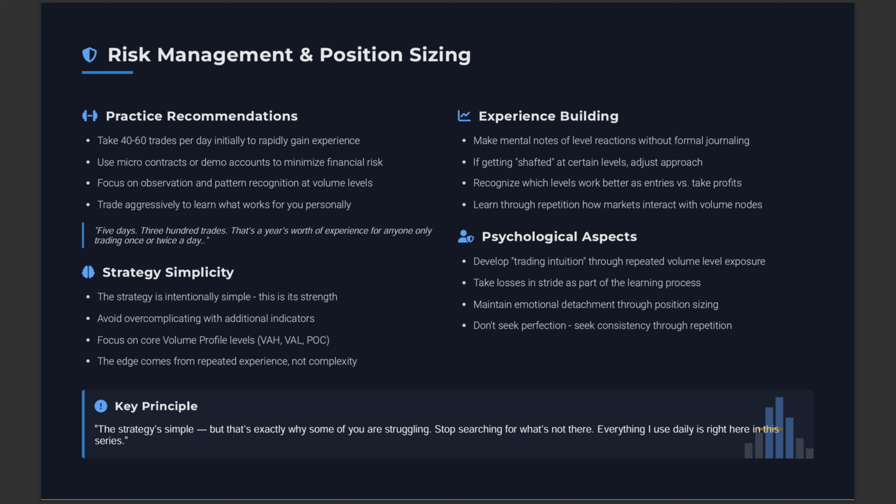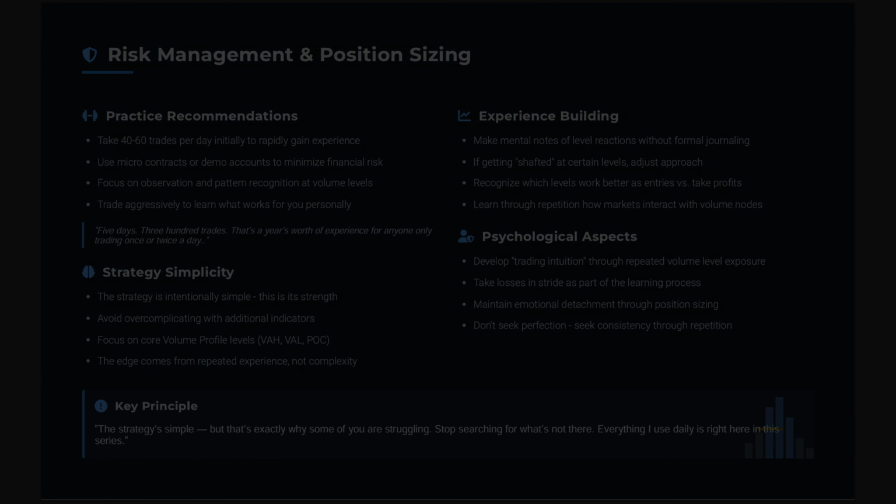Use sizes that let you focus on the process rather than the profit and loss. The goal is to build experience and confidence first, profits second. Remember, this isn't about perfection, it's about consistency. Take your losses in stride, learn from each trade, and focus on the repetition that builds expertise.